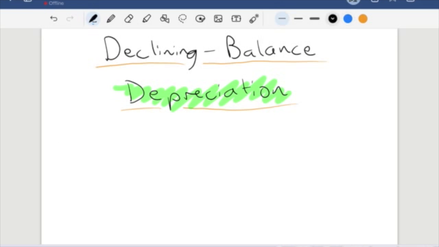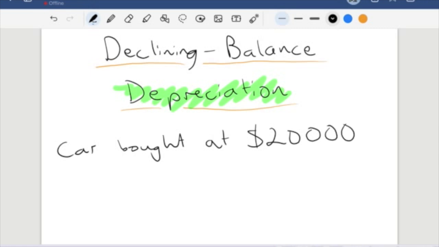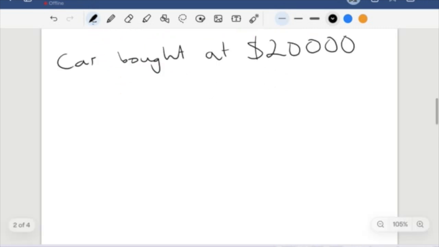So let's say a car is bought at $20,000. We're going to pick a really nice number. Typically cars are a very good culprit of this.